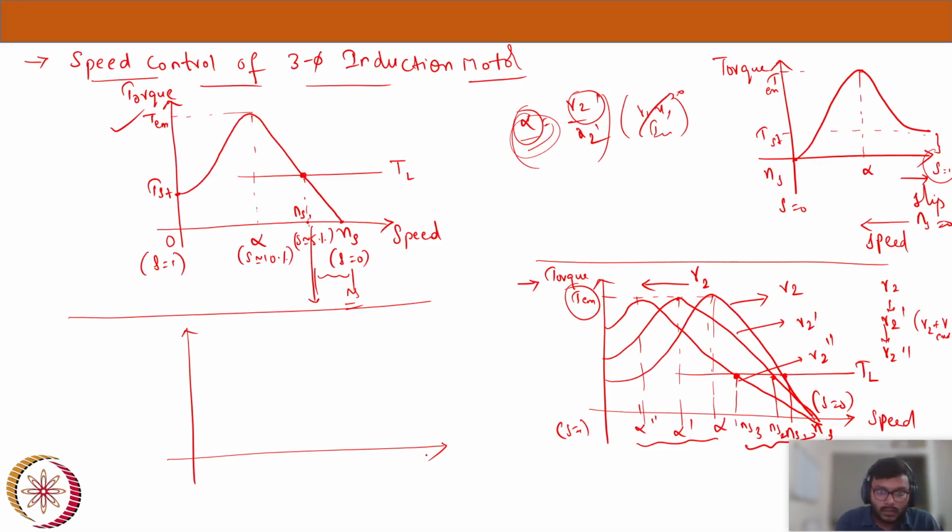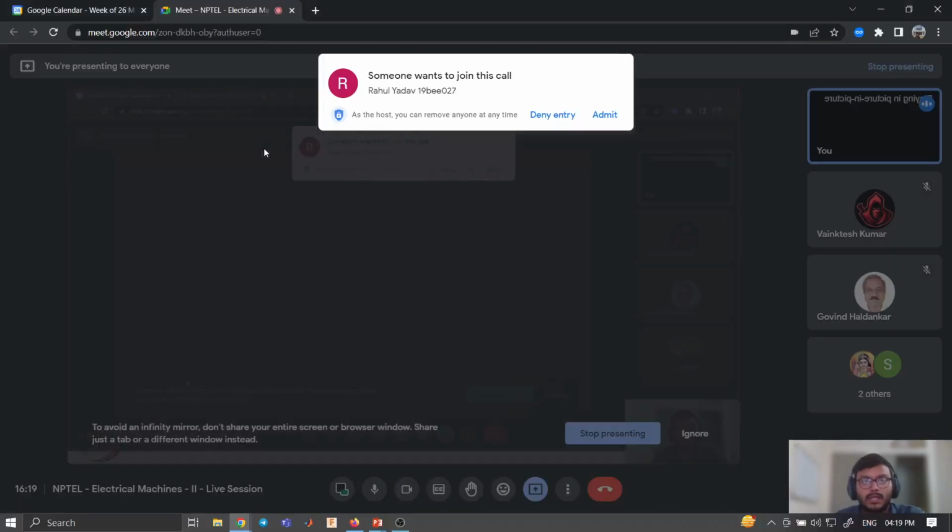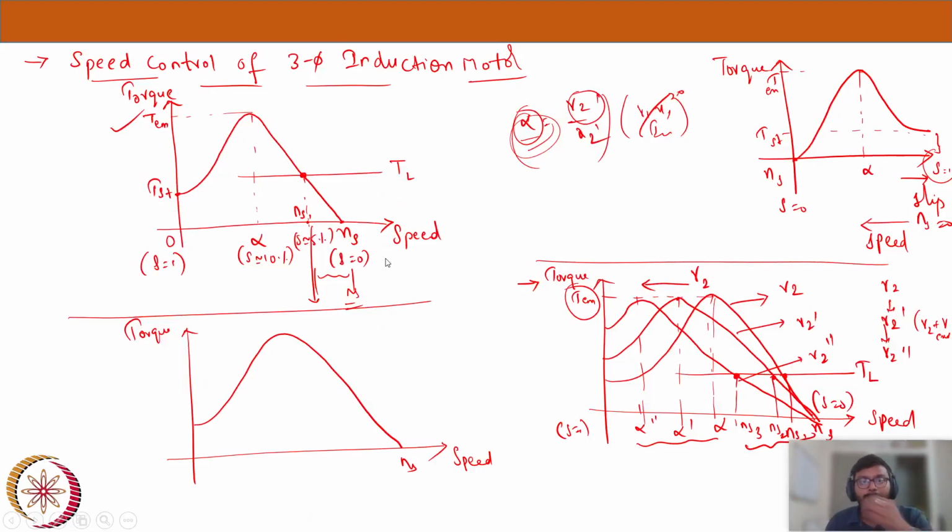Now this is the speed axis and this is the torque axis. Let's say we have the torque speed curve like this. So this is ns speed, and this is the starting torque, and this is the maximum torque, and this is the slip at which my maximum torque occurs.